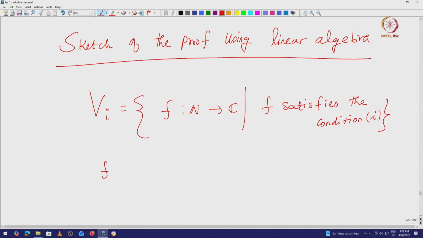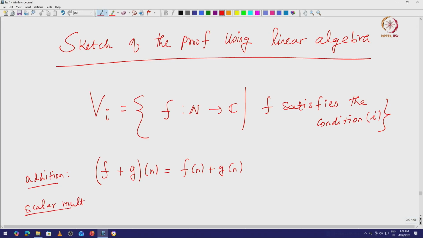In particular, the addition of two functions will be defined by what is called pointwise addition. So, by defining addition like this, and then the scalar multiplication like this.